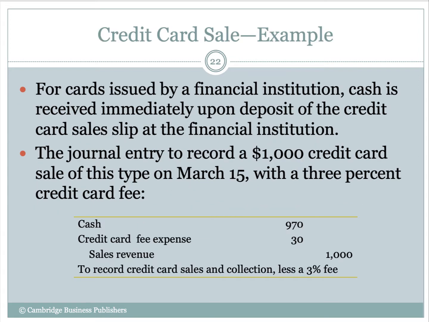So let's look at an example of a credit card sale, right? A bank, some financial institution, issues a credit card. So what happens? Well, cash is received immediately upon deposit from the credit card sales slips at the financial institution. So at the end of each night, a business settles their account.